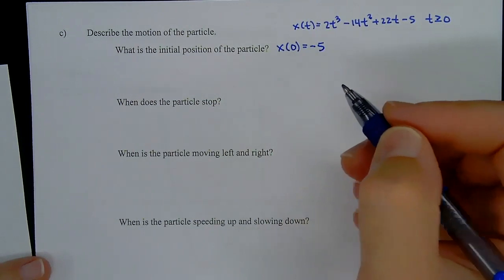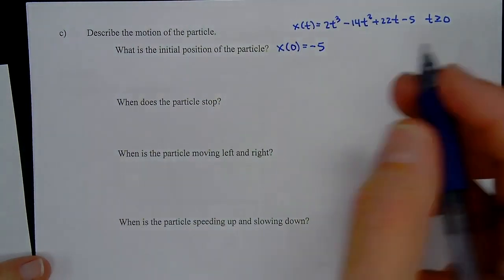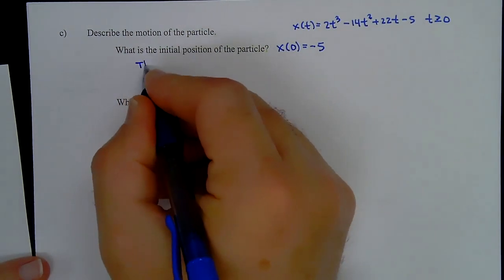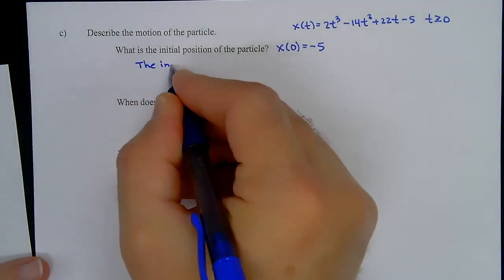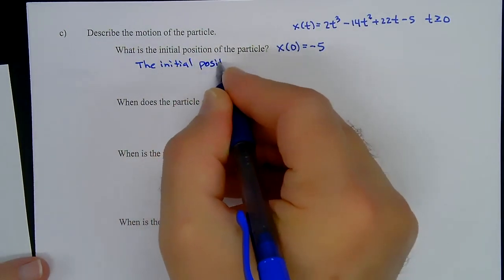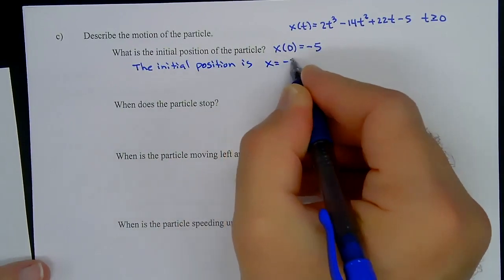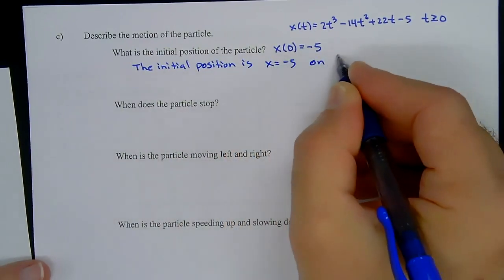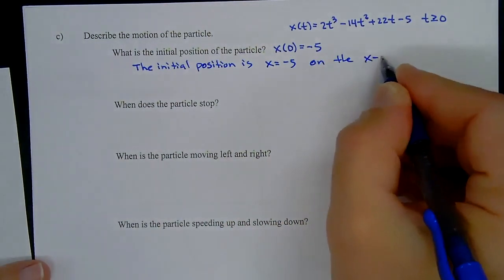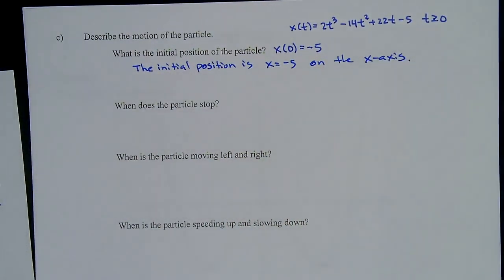Okay, so the initial position is -5 on the x-axis. So that's where we're starting at. We're starting at x equals -5.